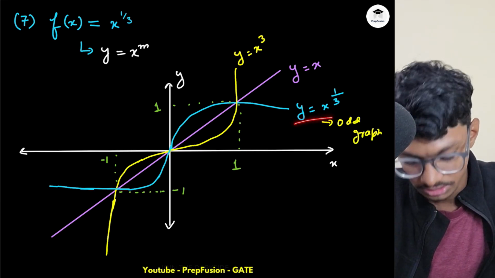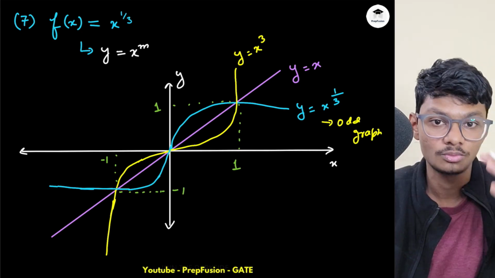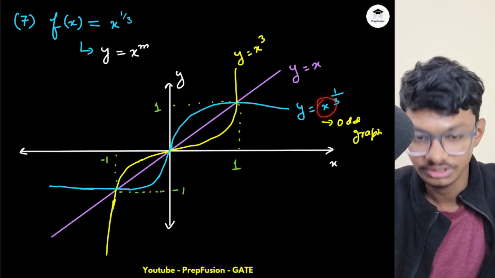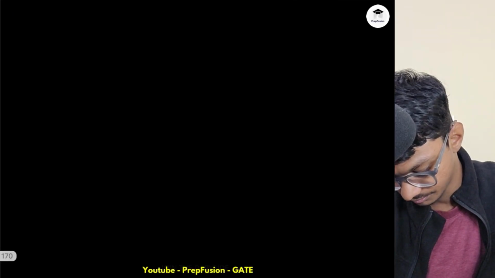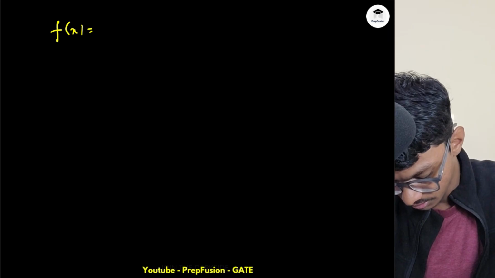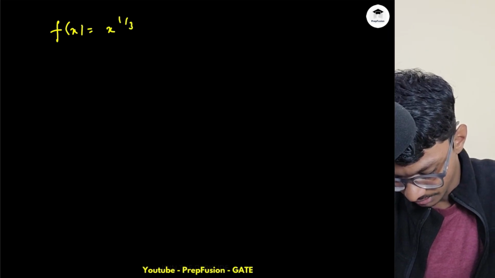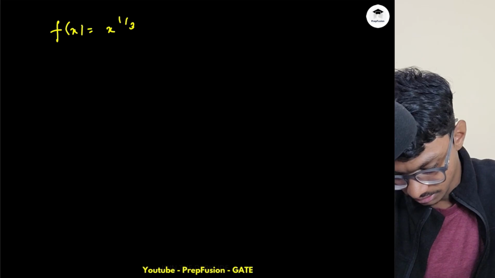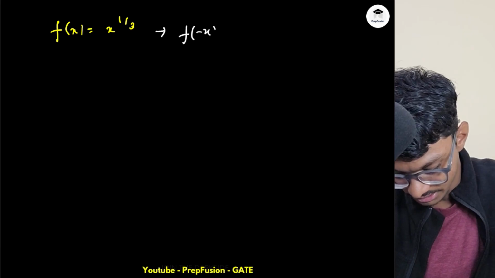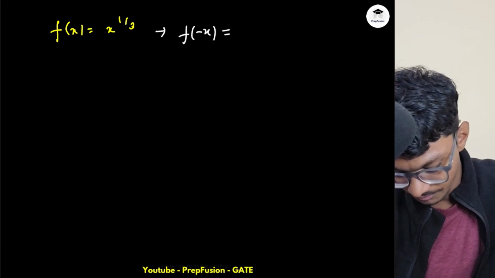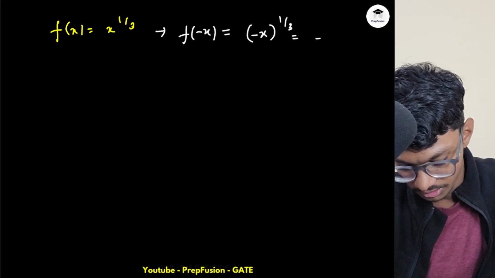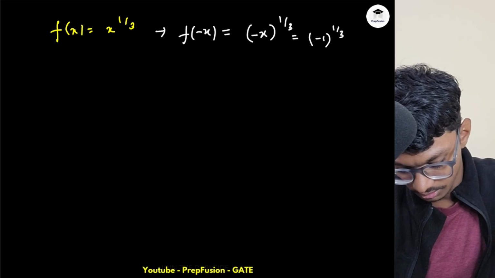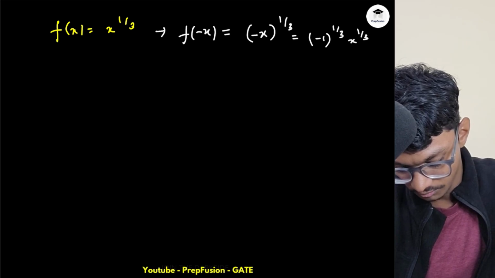Because f of minus x equals minus f of x. If I replace x with minus x in f of x equals x raised to power 1 by 3, then f of minus x becomes minus x raised to 1 by 3, which is minus 1 raised to 1 by 3 times x raised to 1 by 3.